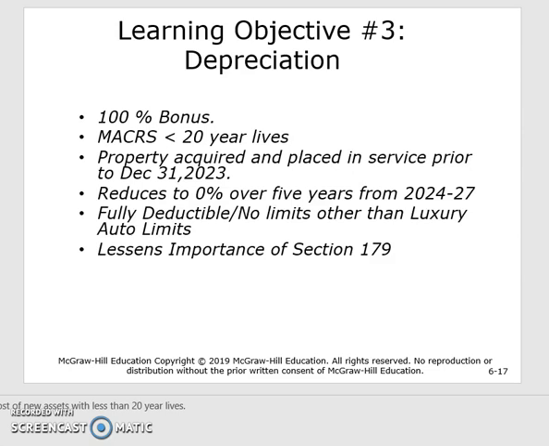This means that the assets are fully deductible, and there are no other limits other than the luxury automobile limits, which we'll discuss in a few slides. So this lessens the importance of Section 179 because with bonus depreciation, we can go ahead and fully deduct that asset anyway. This is a change from 2017, in which the bonus depreciation was only 50%.